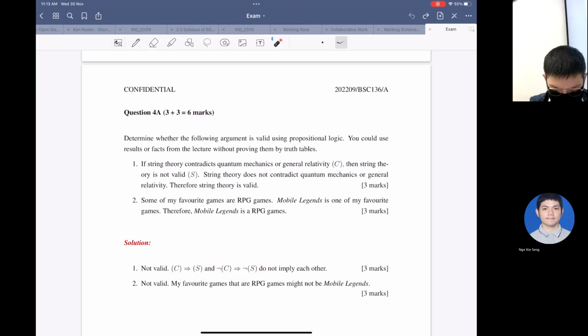Okay. So some of you are going too far. Too far meaning you break this sentence into too many variables. So that's why you seem a bit confused here. What you should observe here is that this contradicts this, or this, but that does not contradict this.